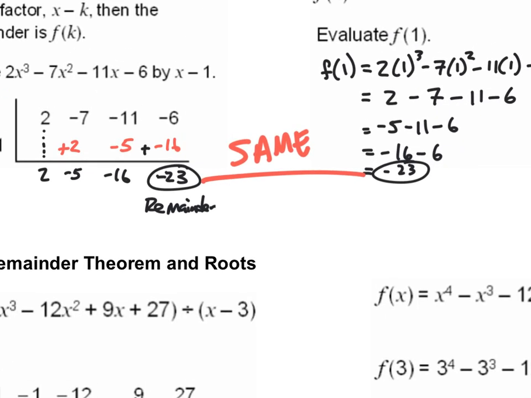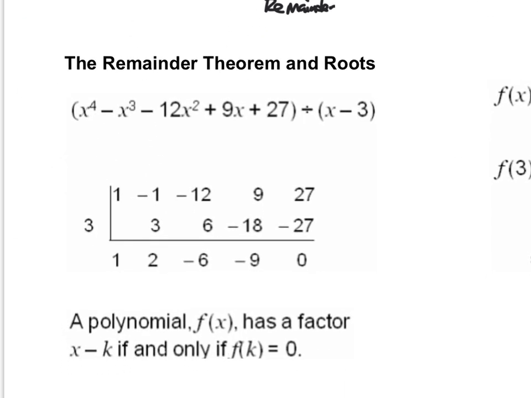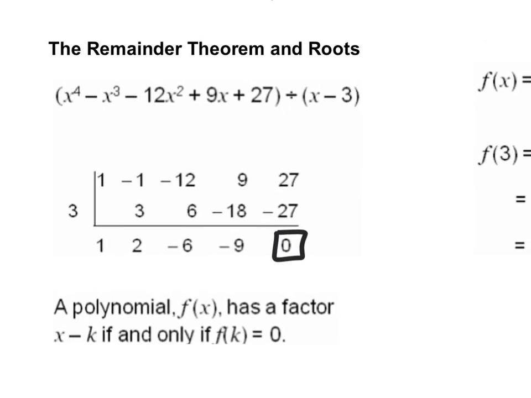So now, you get the same thing. Whatever your remainder is, that's the same thing as plugging in that value, okay? And the reason why this is important is because when I go through this, if I wanted to say, okay, well, what's my remainder here? If I divide out this polynomial and I get a remainder of 0, okay, then we get a root.